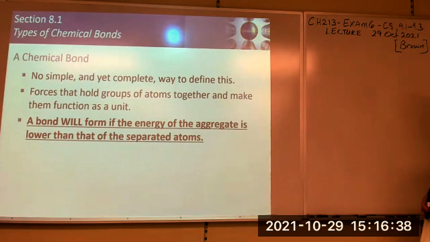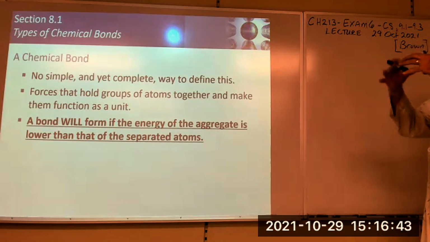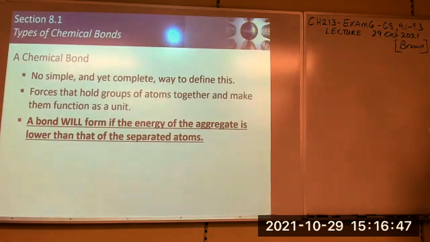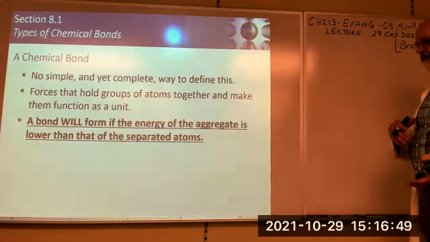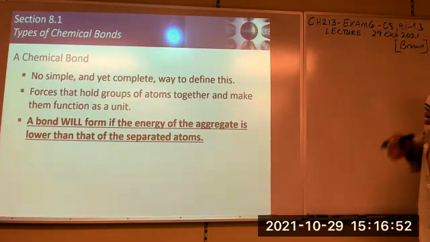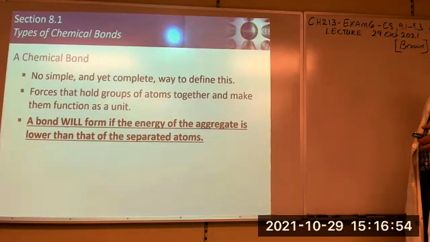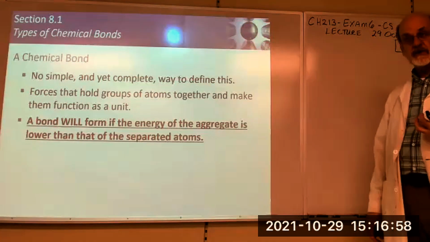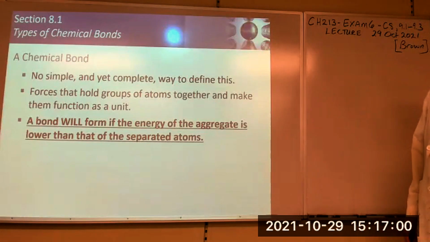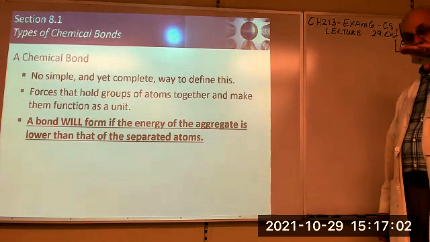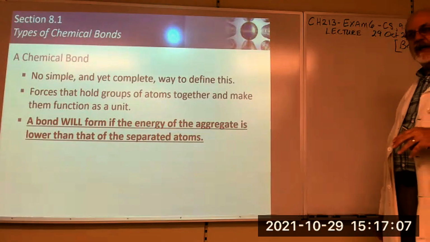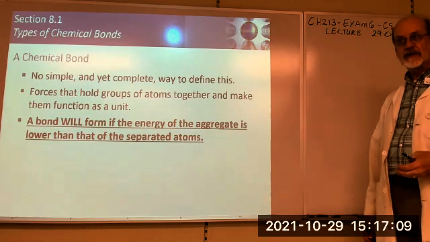In most cases, a bond will form if the aggregate energy of the products is lower than the aggregate energy of the reactants. It's kind of like you've heard the saying, the universe is running down. Most systems, when they start to develop, tend to gravitate, so to speak, to the lowest possible energy state they can attain. That increases stability.